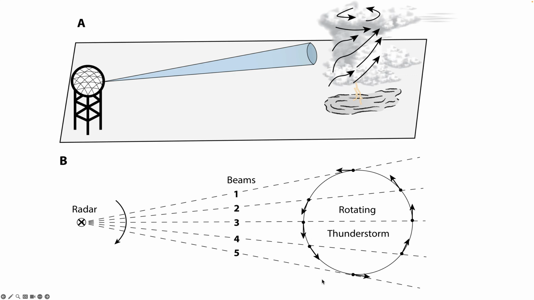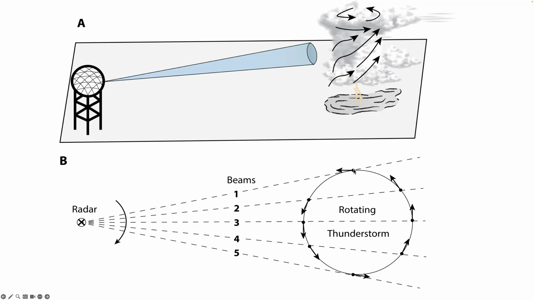And here is our rotating thunderstorm. Again, this is what meteorologists refer to as a mesocyclone. It almost always, but not always, rotates counterclockwise. What you can see from above is that the motion of the mesocyclone ultimately leads to some parts of the movement being toward the radar and other parts of the motion being away from the radar.